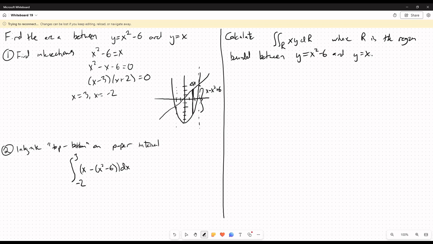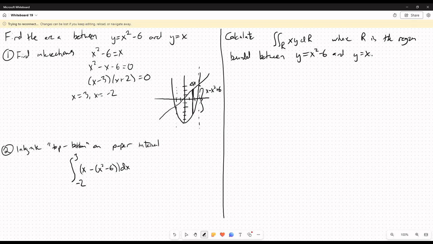Okay, so there we go. We could calculate that if we really wanted to. We're not going to. We're just talking about setting these things up. So how's that going to relate to setting up this double integral? We want to calculate the integral of xy over the region R, where R is the region bounded between y equals x squared minus 6 and y equals x.